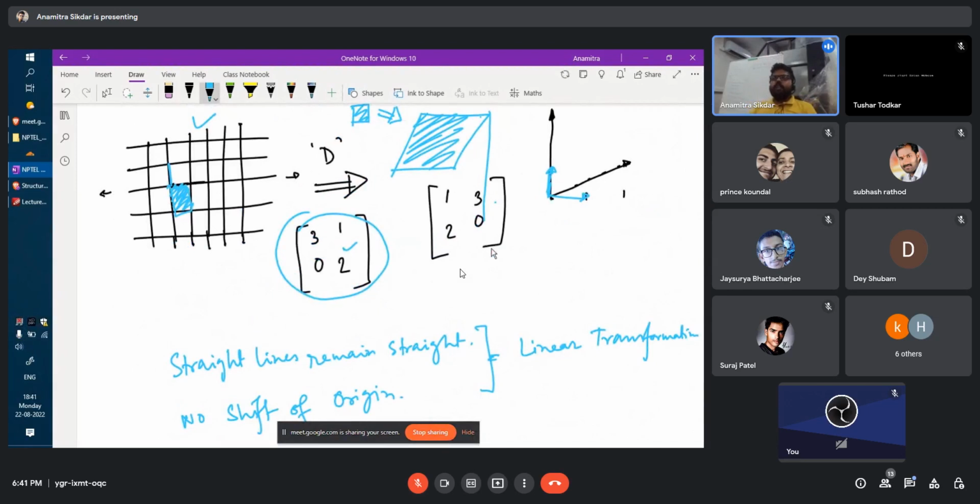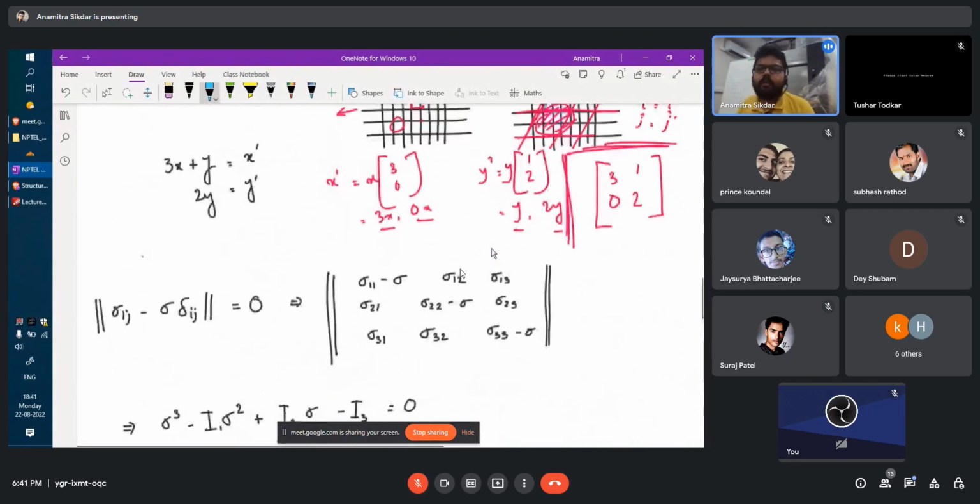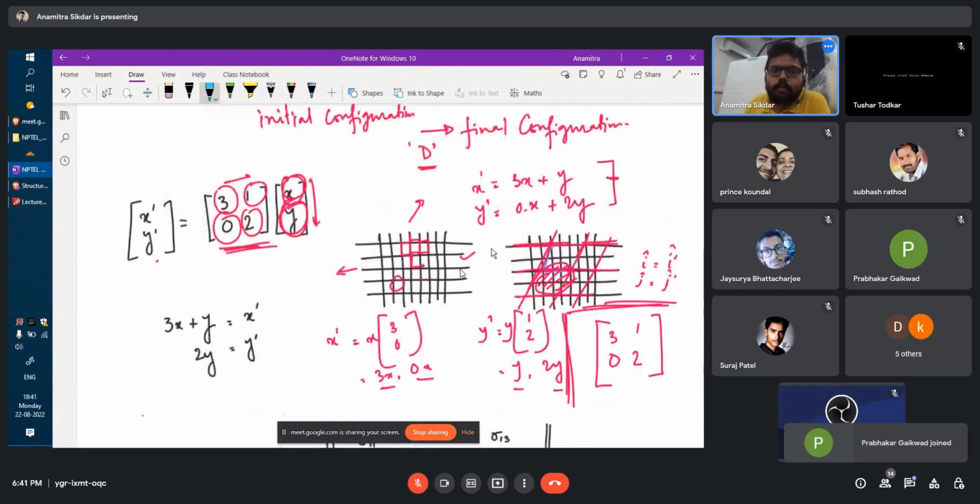So if we do the linear transformation, we can represent each and every point after the deformation, right? But there is a catch, like there will be one or more than one particular direction which won't be changed.